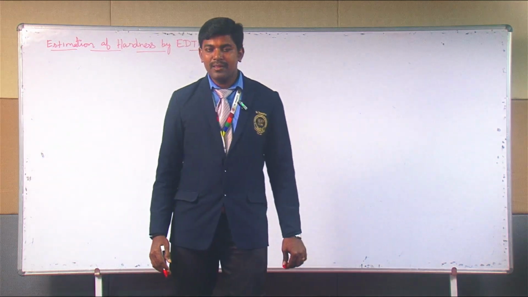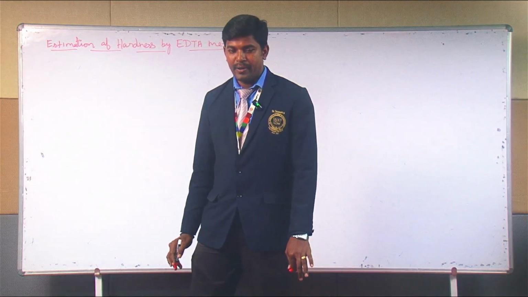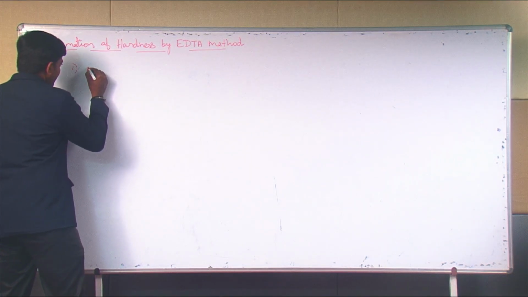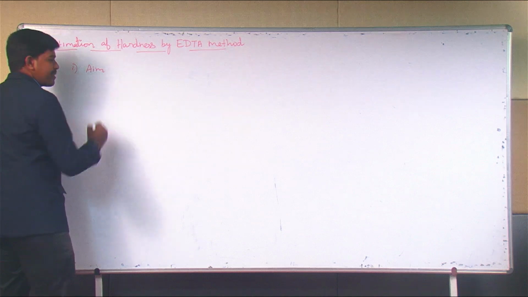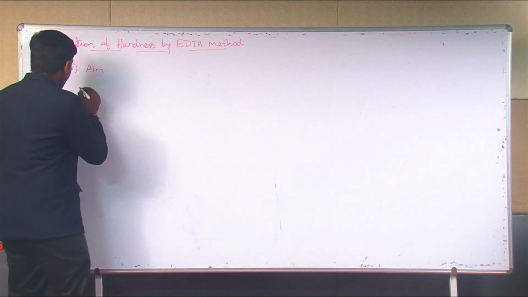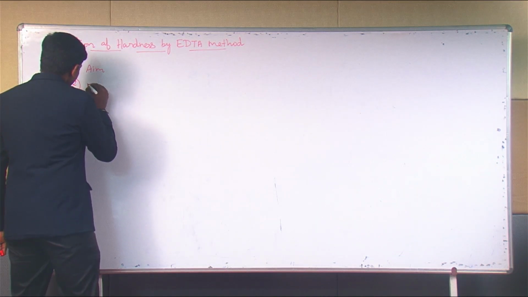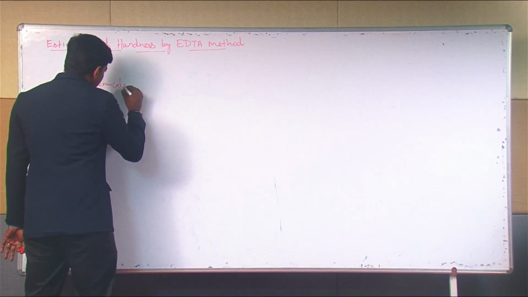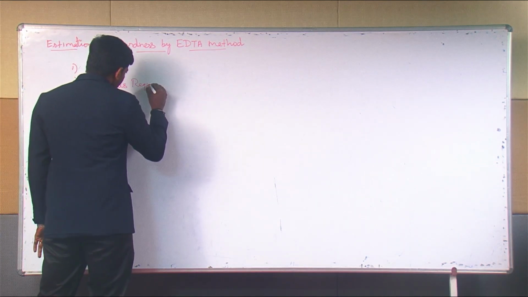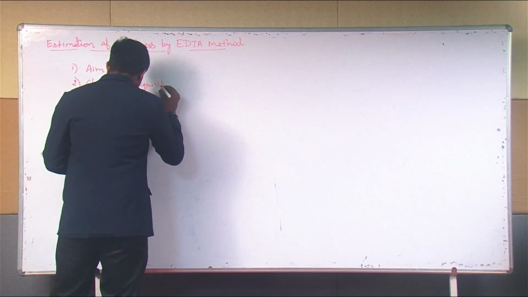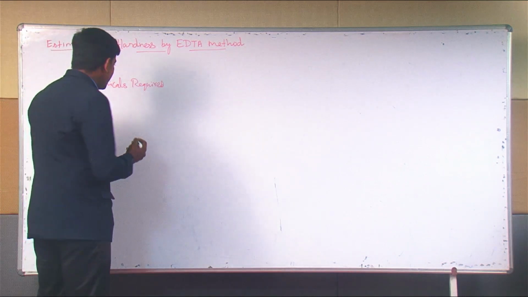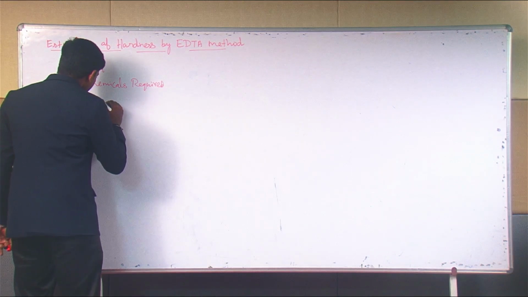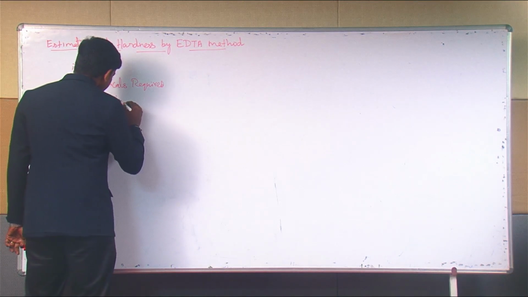Let me see what are the contents we are going to discuss in this topic. The first one is aim, and the second one is chemicals required, third one is principle and reactions.